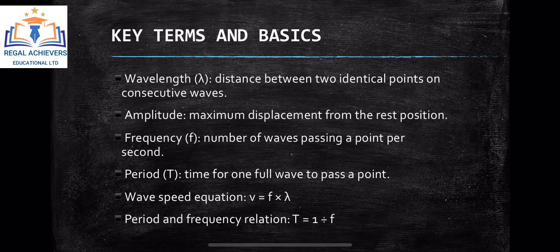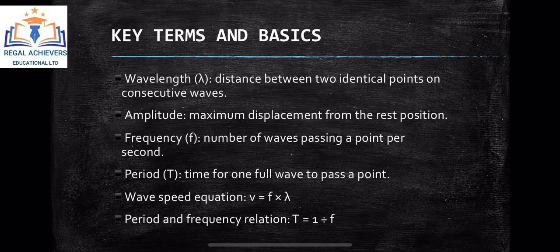There are some key terms and basics you need to know for this topic. Wavelength is the distance between two identical points on consecutive waves, while amplitude is the maximum displacement from the rest position. The frequency is the number of waves passing a point per second.